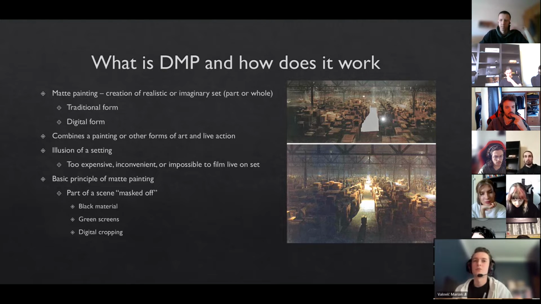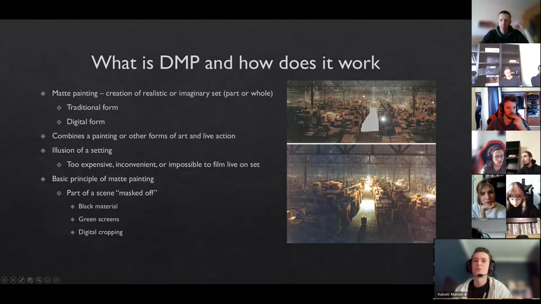I will get to it in a second. And it combines a painting or perhaps pastel painting or other forms of art into a live action film or whatever, live action sequence. And it creates an illusion of a setting.